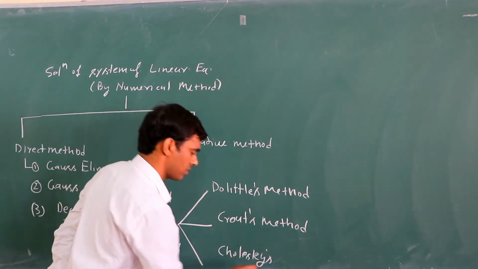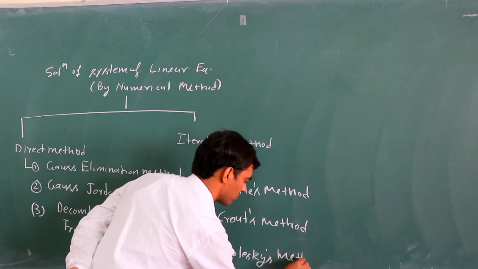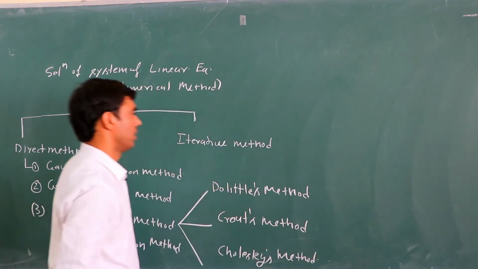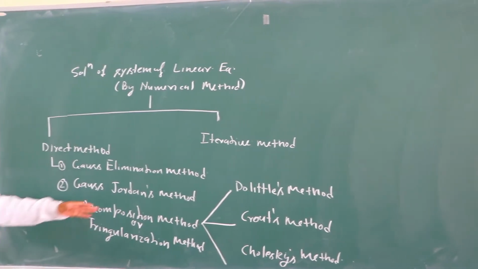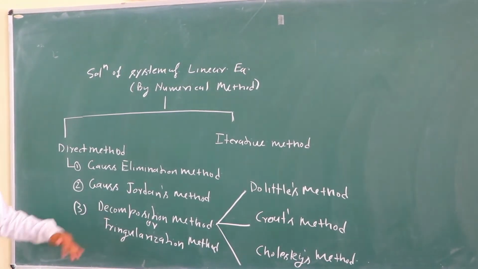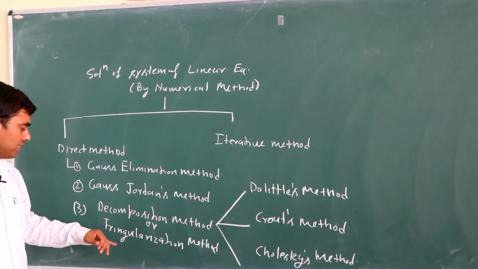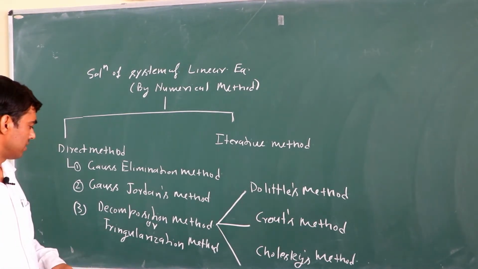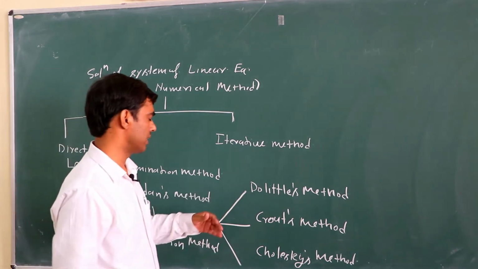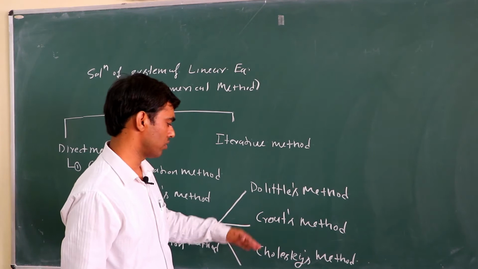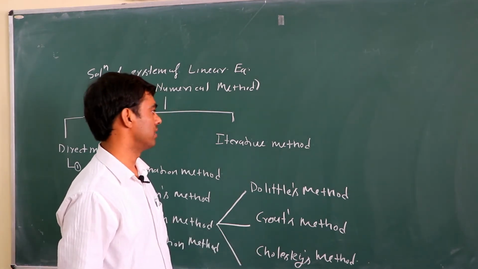So mainly we discuss Gauss elimination method, Gauss-Jordan method, and the decomposition method, which is also known as the triangularization method.